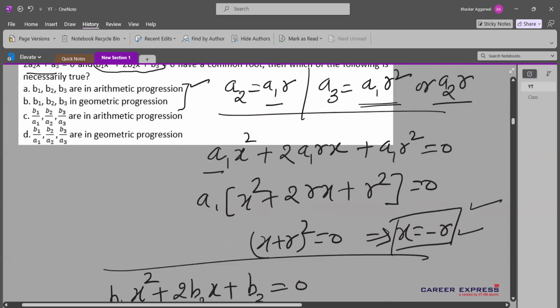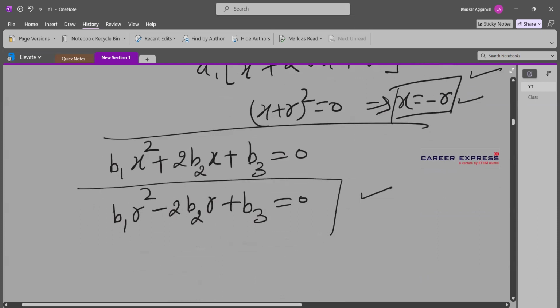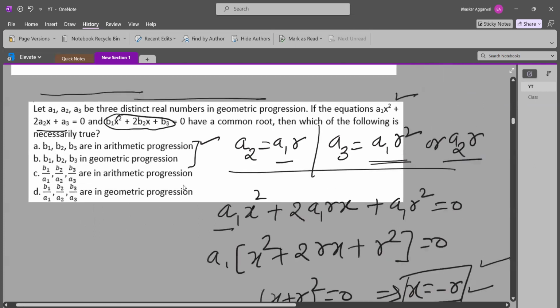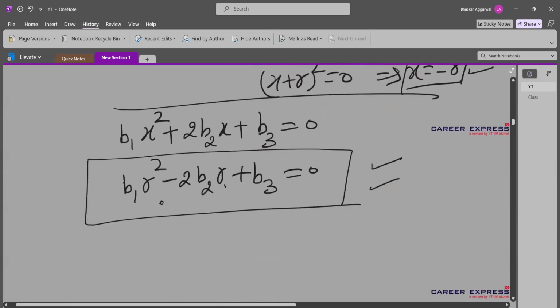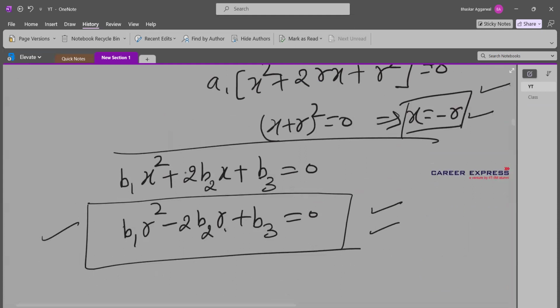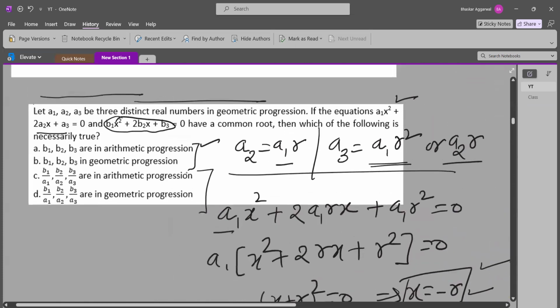So the first two options will be difficult to conclude, because r cannot be removed and those options do not have any r. The next two options have r as well as b as well as a. In this equation we only have b, but we also have r. So r can be replaced with something which has a.